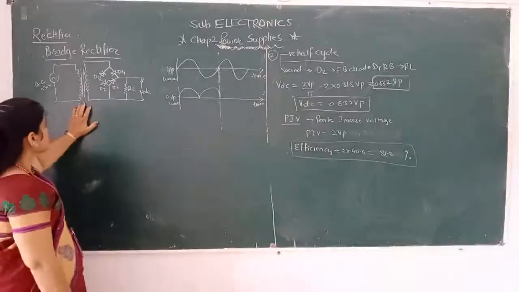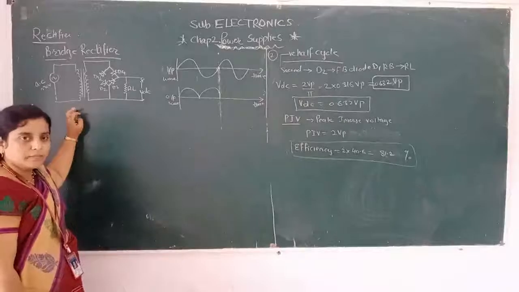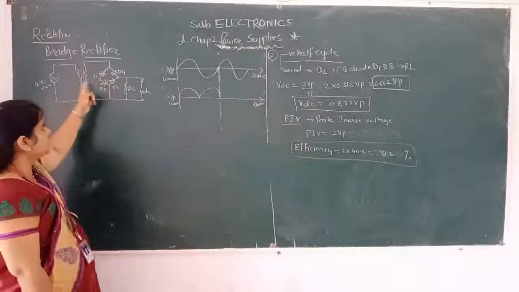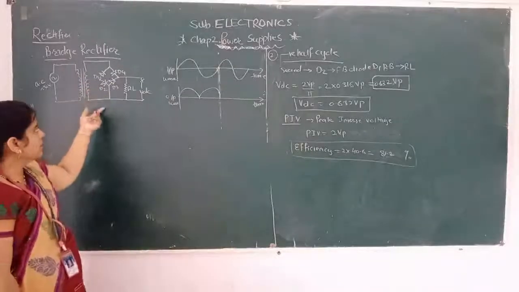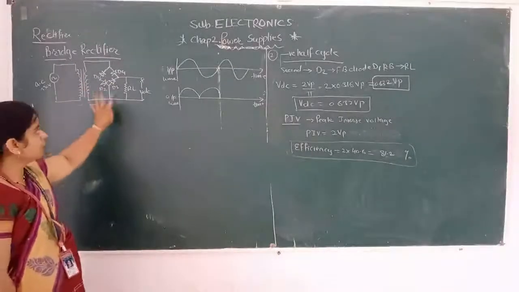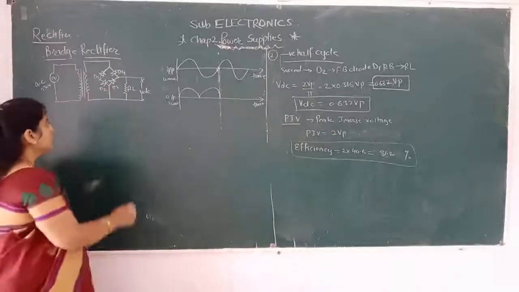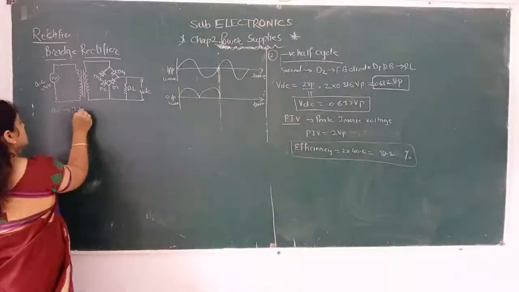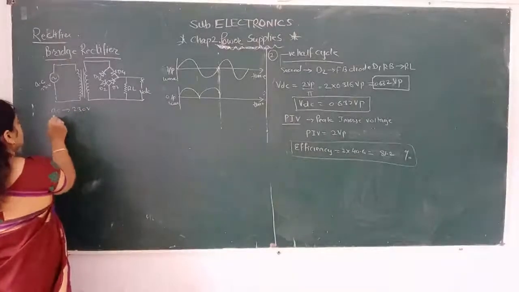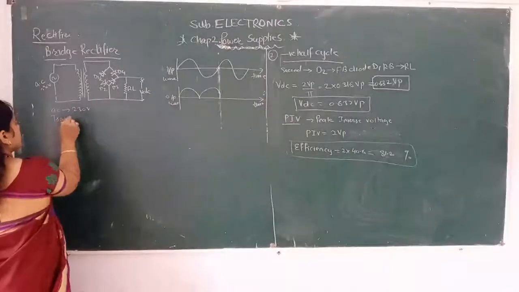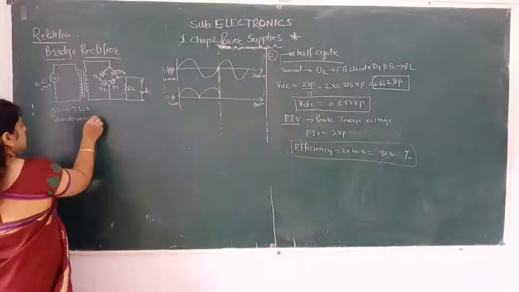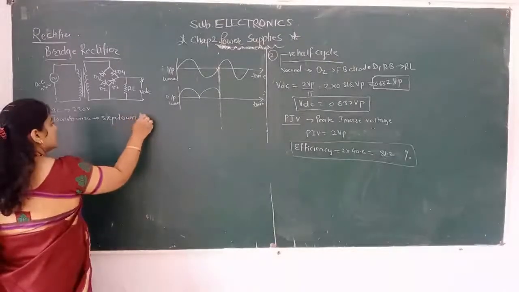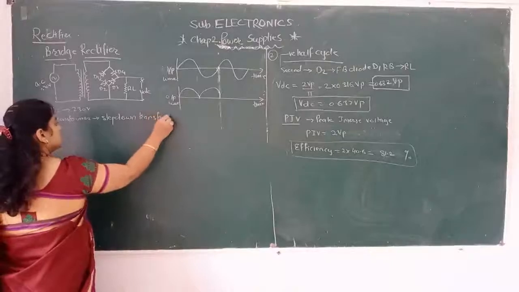So what is the difference between the full wave rectifier and the bridge rectifier? In the full wave rectifier only 2 diodes are used and a center tapped transformer was there, but here there is no center tap transformer and 4 diodes are used. So I will write the construction first. Input AC is 230 volt and the transformer is a step down transformer.